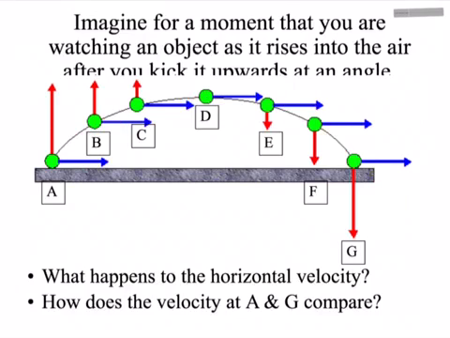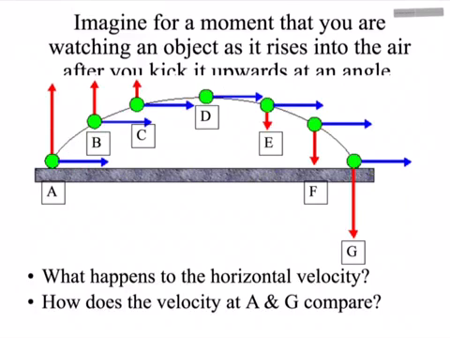You should be saying no to yourself right now. They're all the exact same length, meaning the velocity has the exact same magnitude, and the arrows are all pointing to the right, meaning they have the exact same direction. So the horizontal velocity does not change as the object is rising up and falling back down.